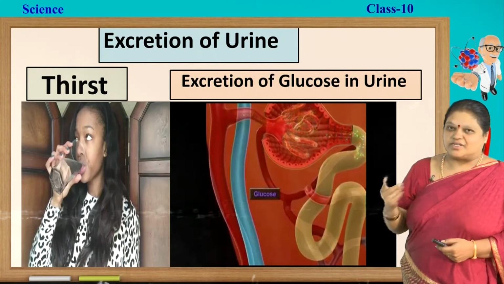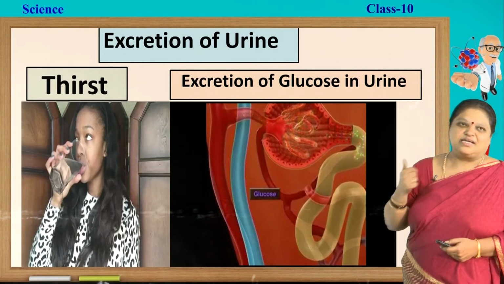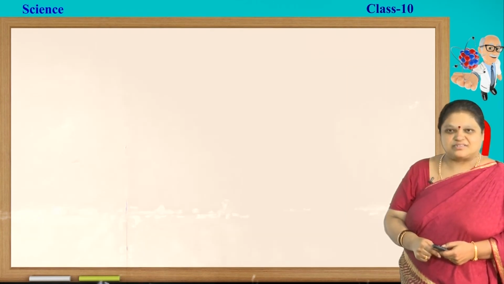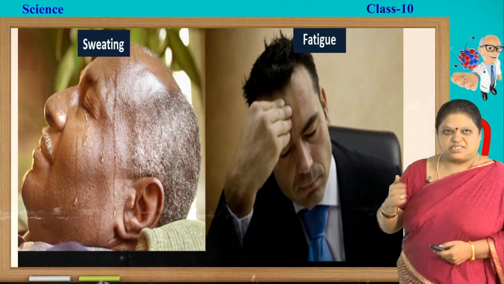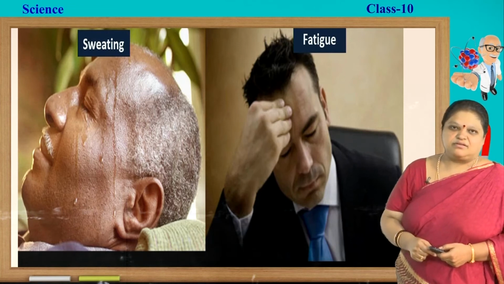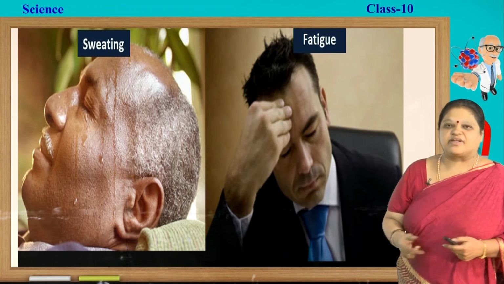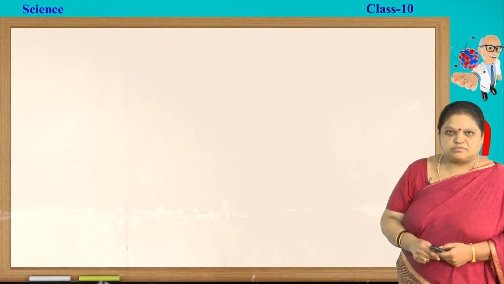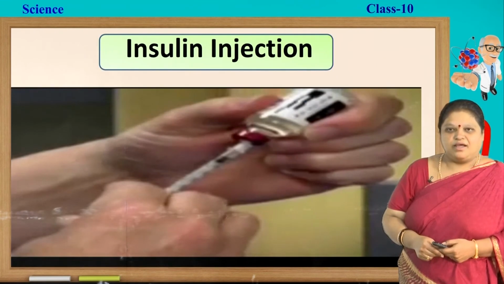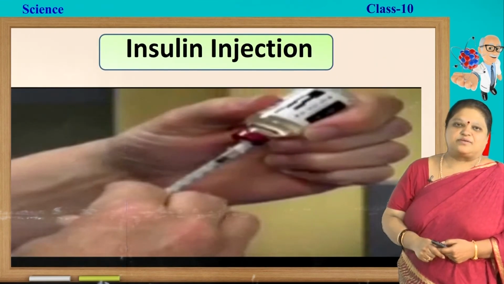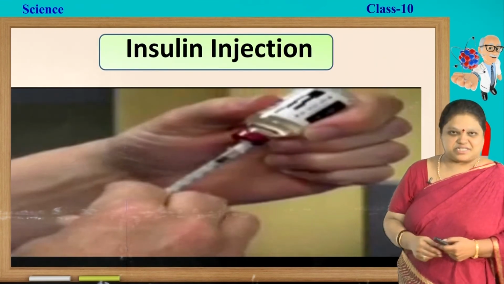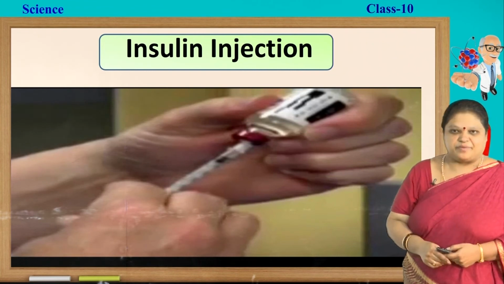The symptoms that he faces are frequent thirst, sweating, and fatigue. If he is not taken care of, then he will face several problems. So, he has to be treated very well, like he is administered insulin injection. Like that you can cure him.